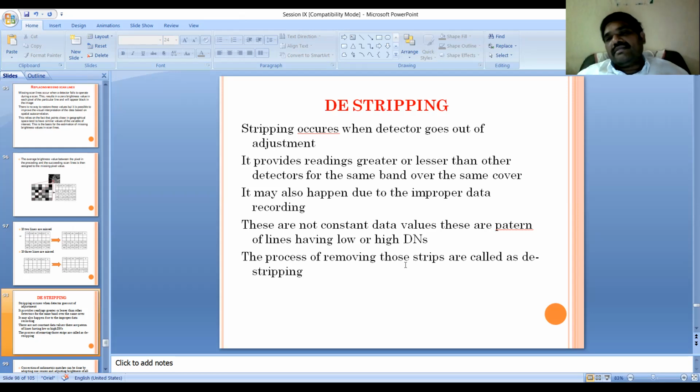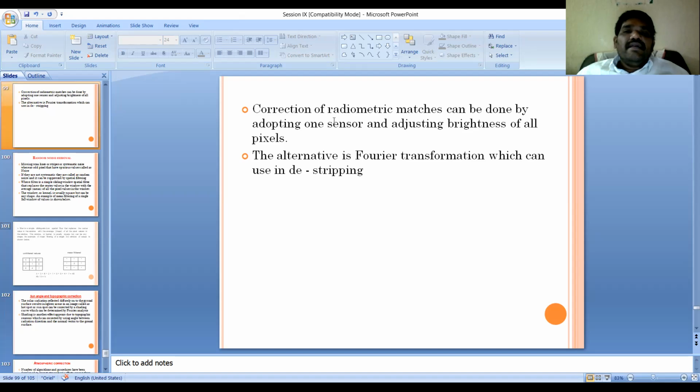How can we remove it? Here, the correction of radiometric mismatches can be done by adopting one sensor and adjusting the brightness of all pixels. That means one reference image, which belongs to the same target, will be taken, like a file copy.